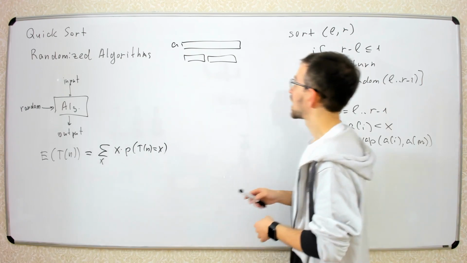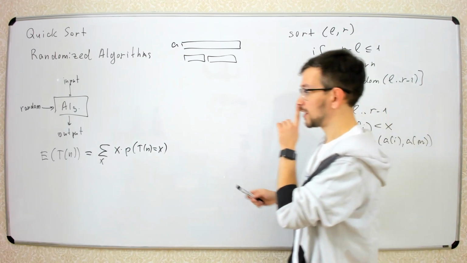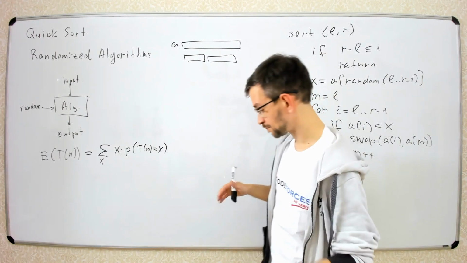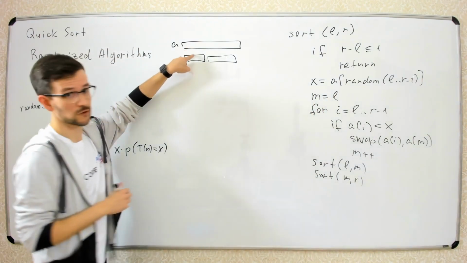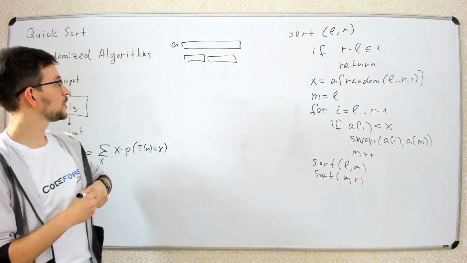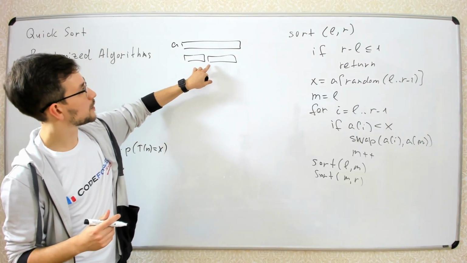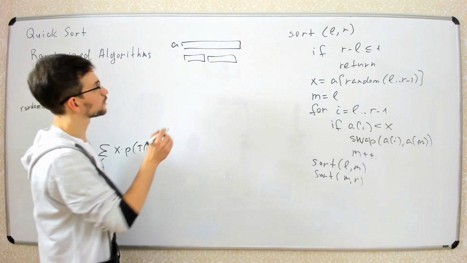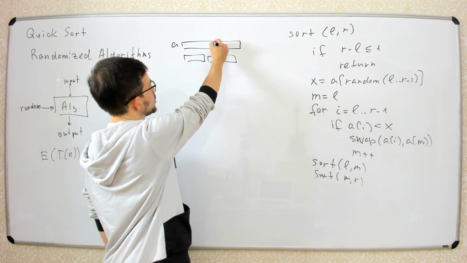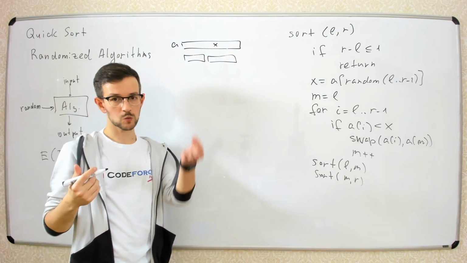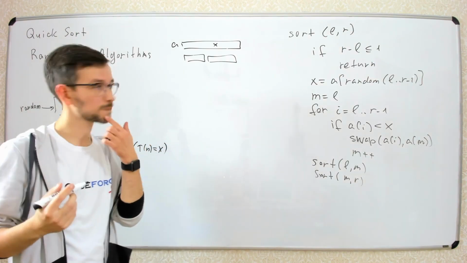Okay. So let's calculate the mathematical average of this time complexity. So we have some array. We pick some random element. So what we need to see: for each element x, the probability that we pick element x is 1 divided by n, right?